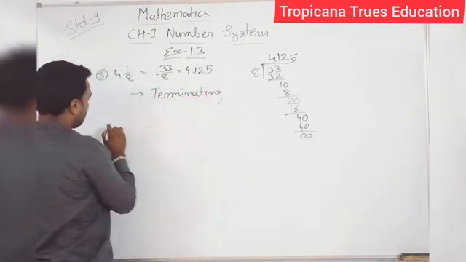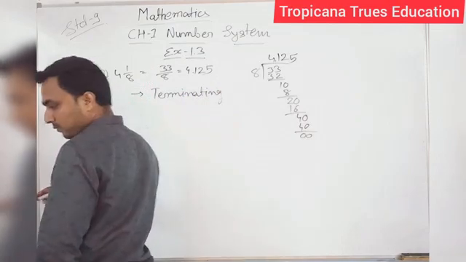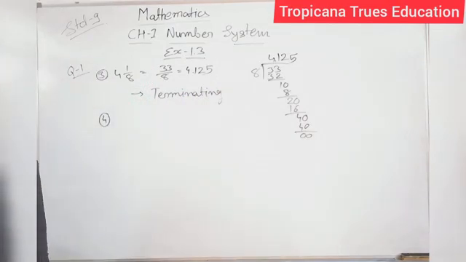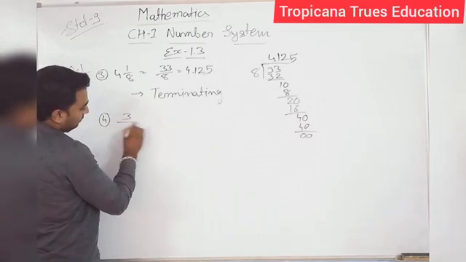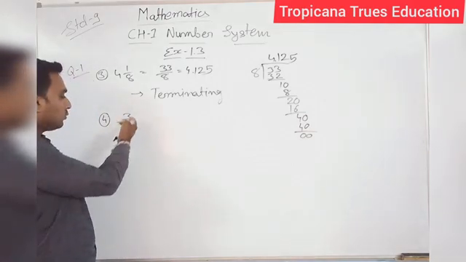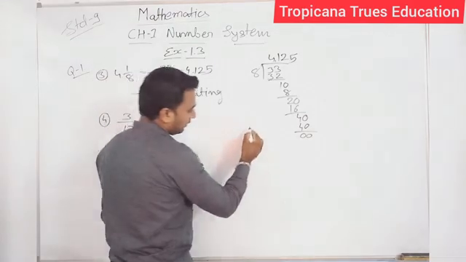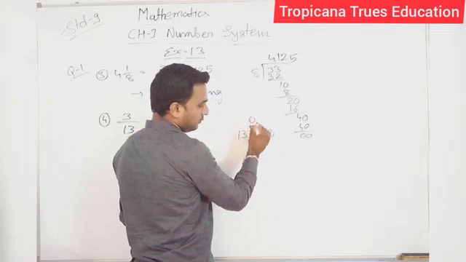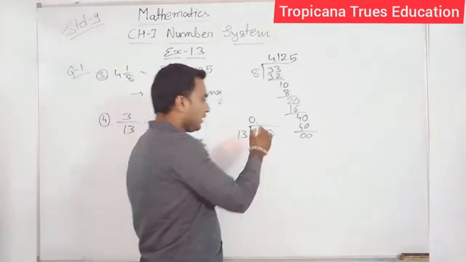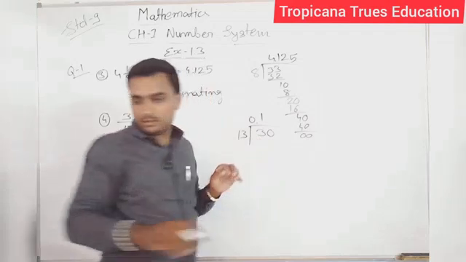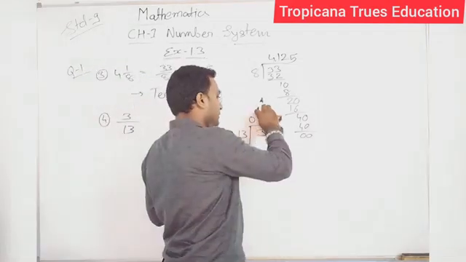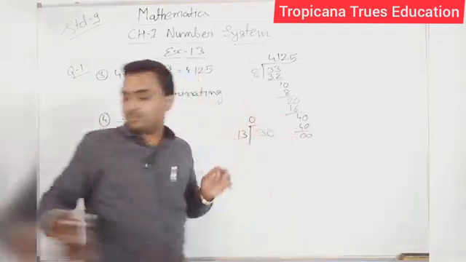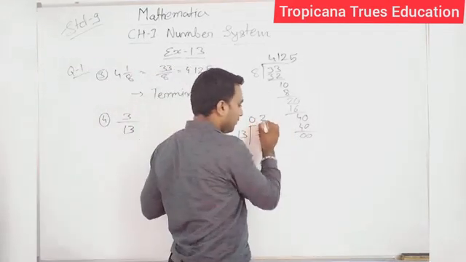Clear? Then next, fourth one. That is 3 divided by 13. Now we again don't know how to do this one. So divide by 13. Here put 0, put the decimal point. 13 twos are 26. Clear? So 13 twos are 26.